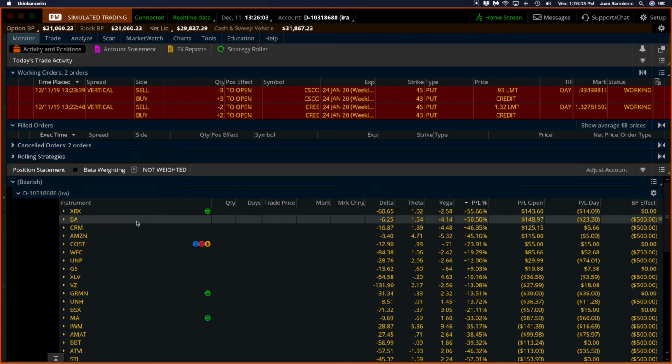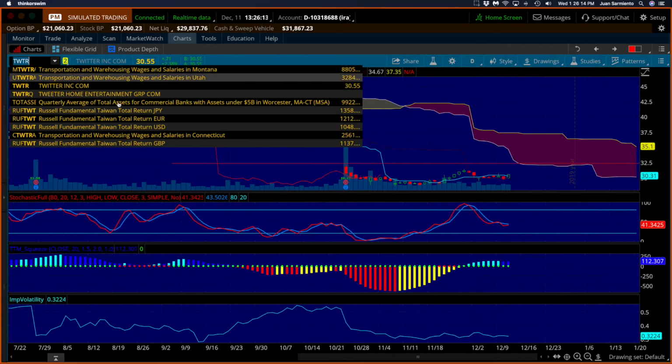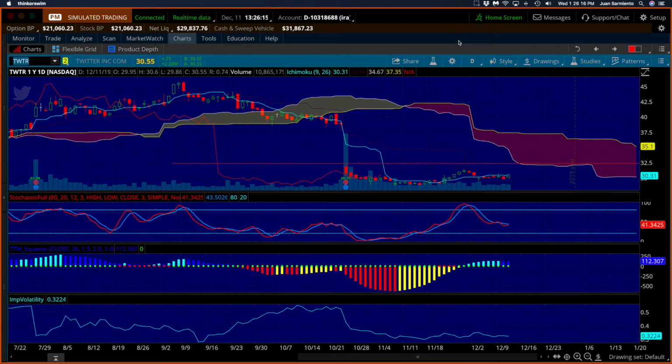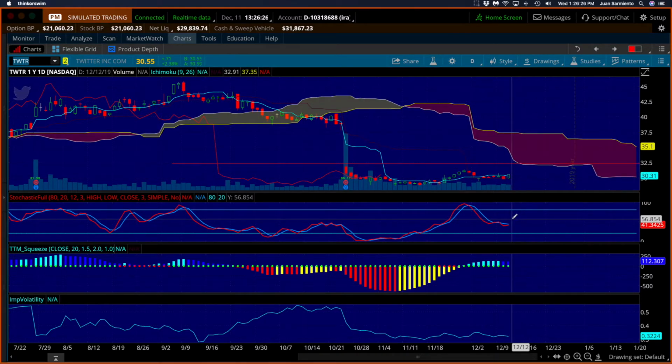Okay, so let's take a look at a chart. I'm going to make up my mind by the looks of the chart. So TWTR. Do I believe that this stock is now reversing and going lower, or do I think it's going to go higher? It's interesting because it has a strong day today, but I still am bearish on it.